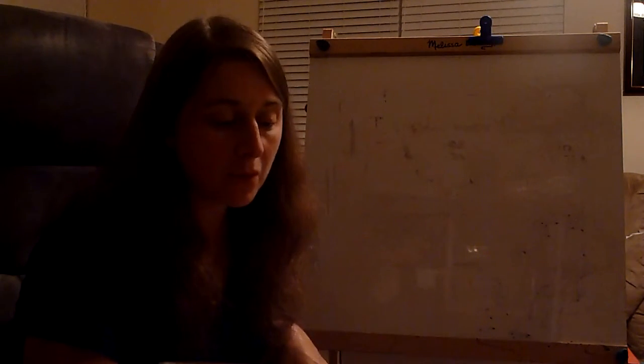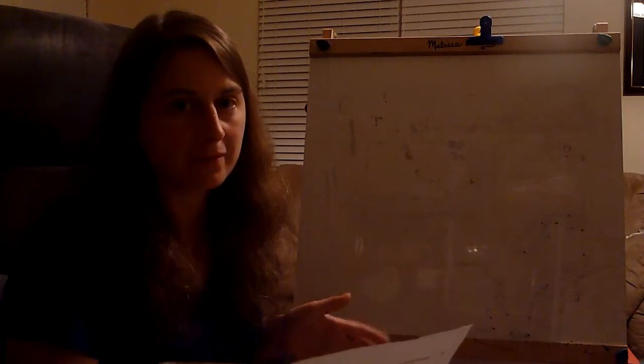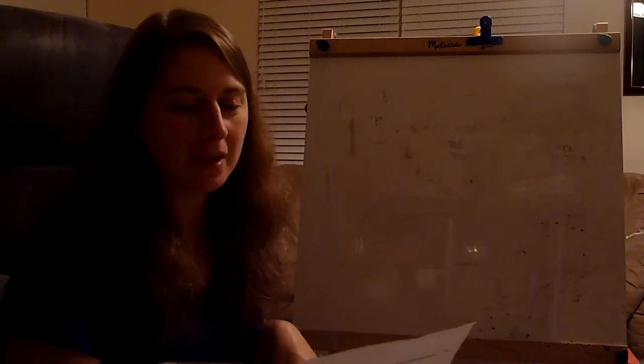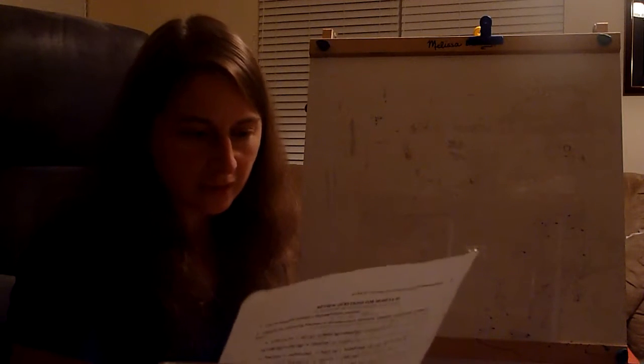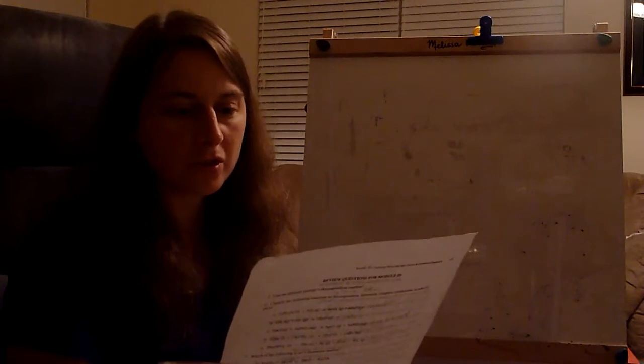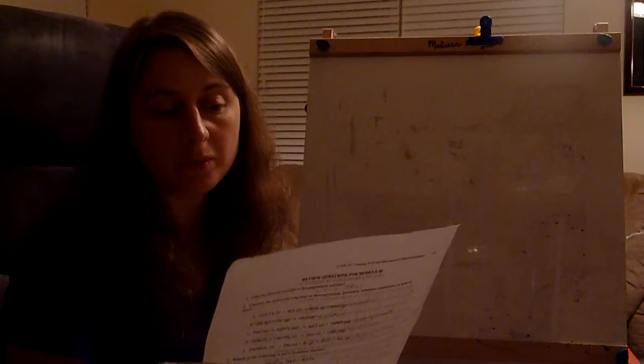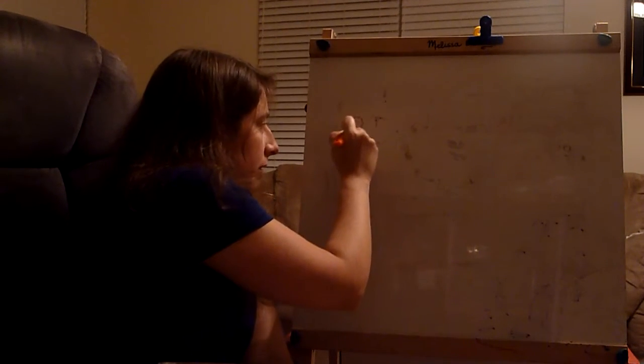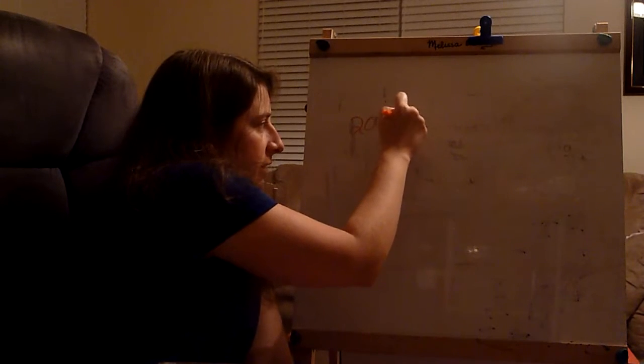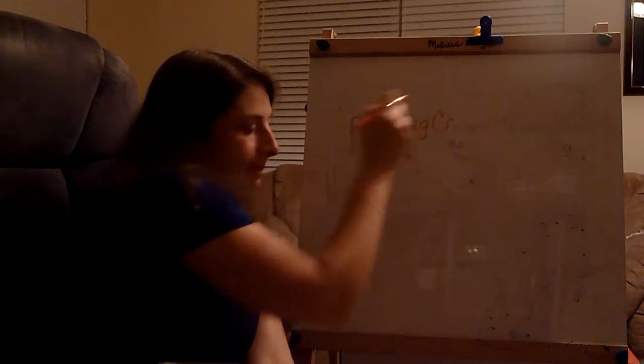It says how many moles of Cr, which, guess, chromium, atoms are in a 200.0 gram sample of chromium. Okay, so now I'm going to use a little math to convert here. First I'll write down what I know. I know that I have 200.0 grams of chromium.